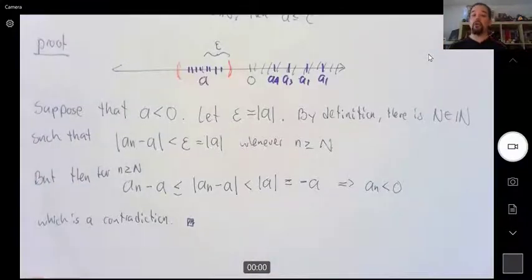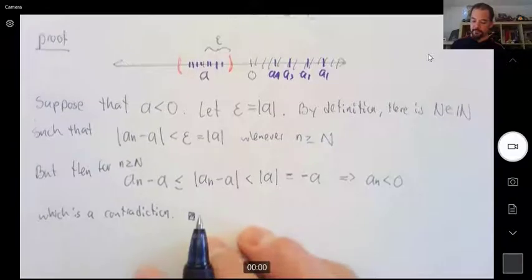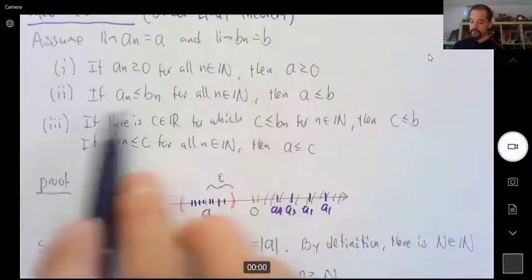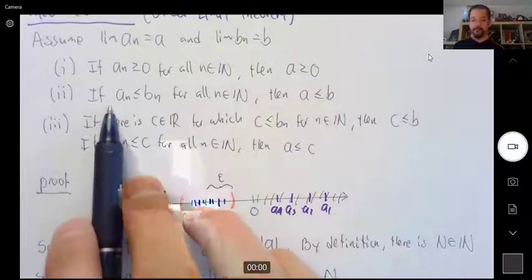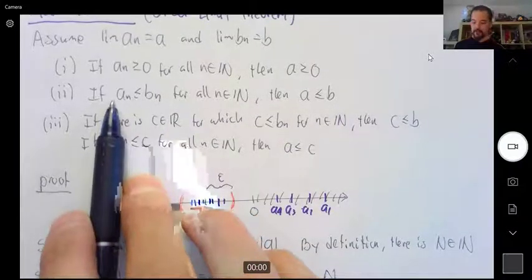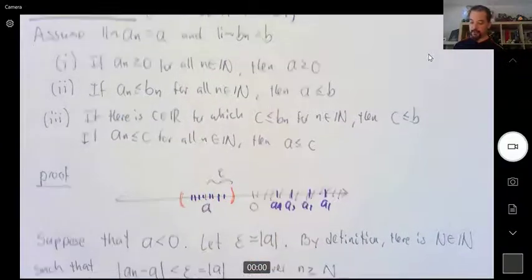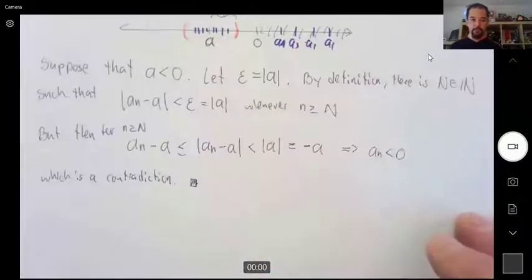So we don't need all of them to be positive. See, it would be enough if eventually all of them are positive, right? If after some point all of them are positive, we get the same contradiction. So that's the first remark. The second remark is that to do the second part, we can do this really easy trick. We can consider the difference sequence, all right? So now let's try to prove the second one, and I'll show you how quickly we can do that.